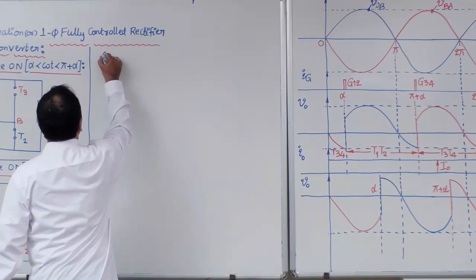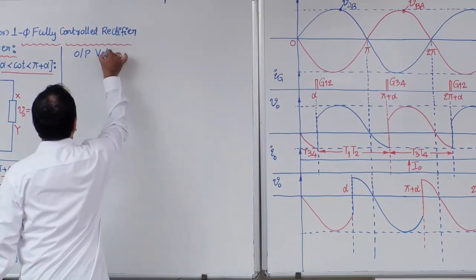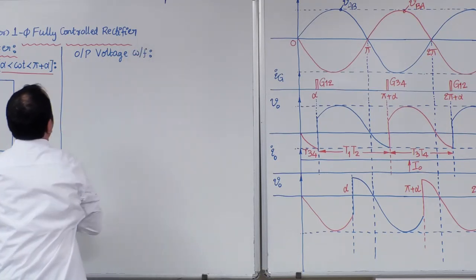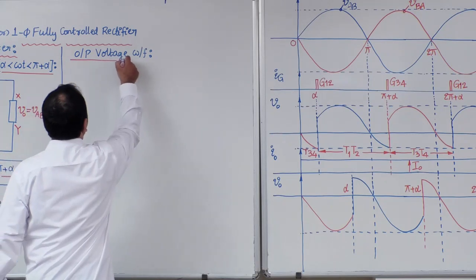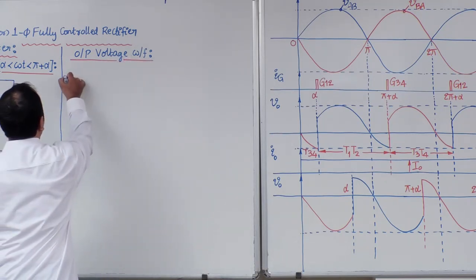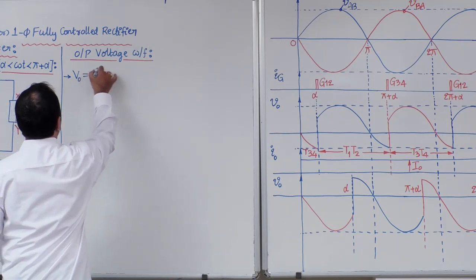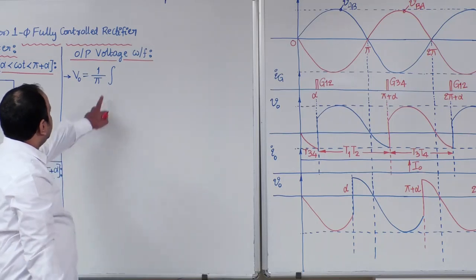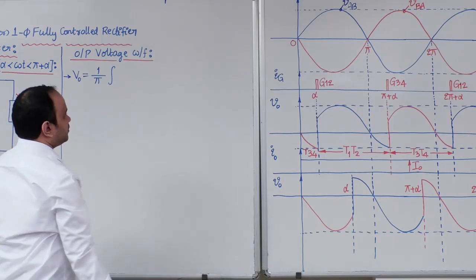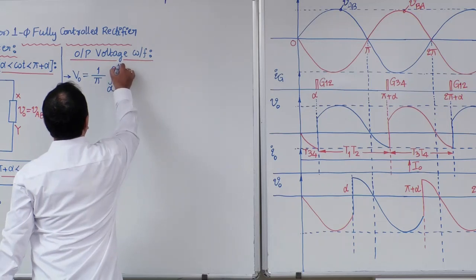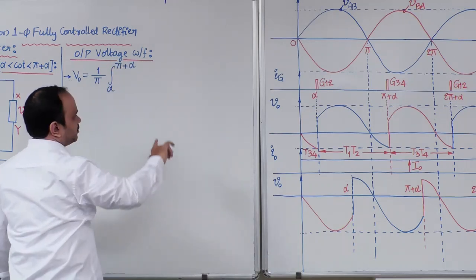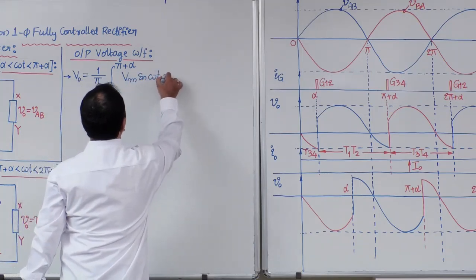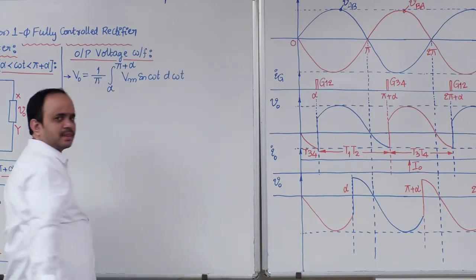Okay. So let us write down these conclusions. Now all of these conclusions are based on the output voltage waveform. So what is the average output voltage? 1 by pi, integration with limits from alpha to pi plus alpha of the blue color sinusoidal, Vm sin omega t d omega t.